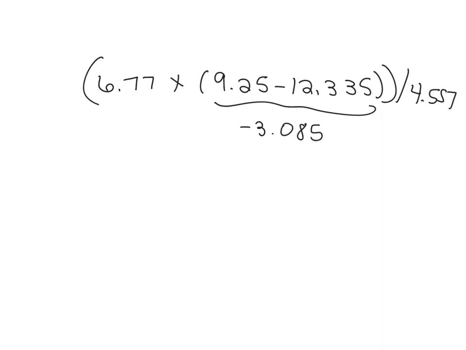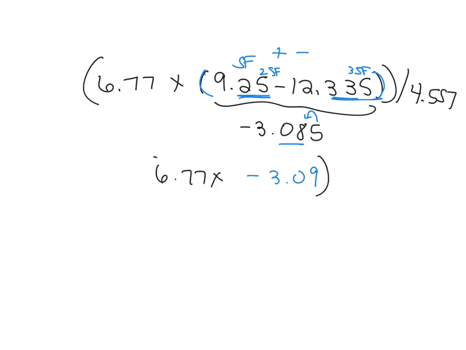And then the significant figures rule for addition and subtraction is 2 places to the right of the decimal. So this has 2 and this has 3. So the least number is 2, so I need to round this to -3.09.